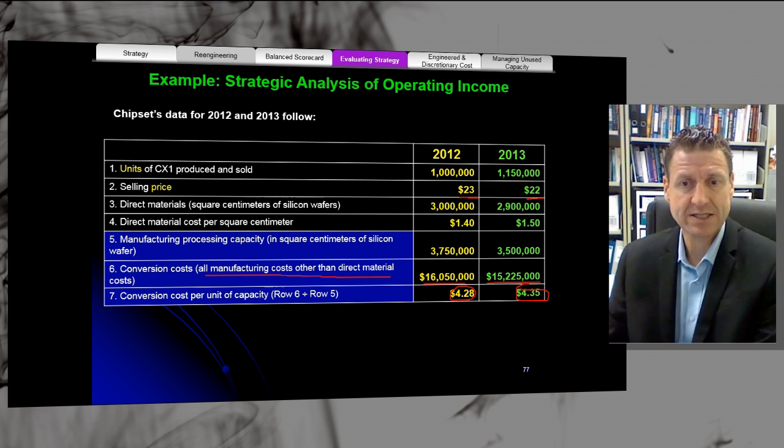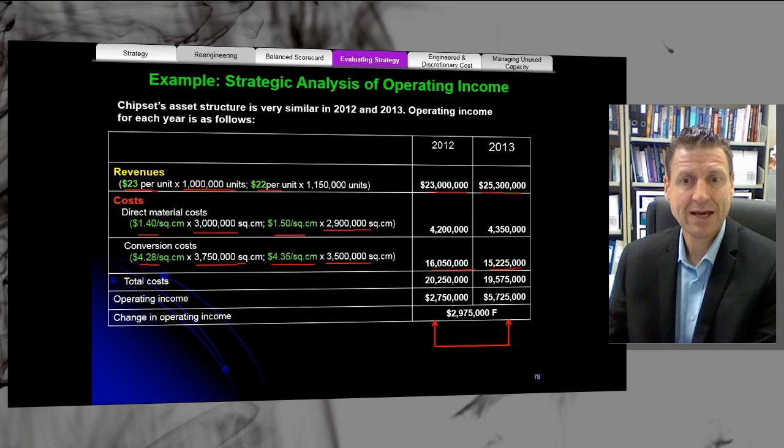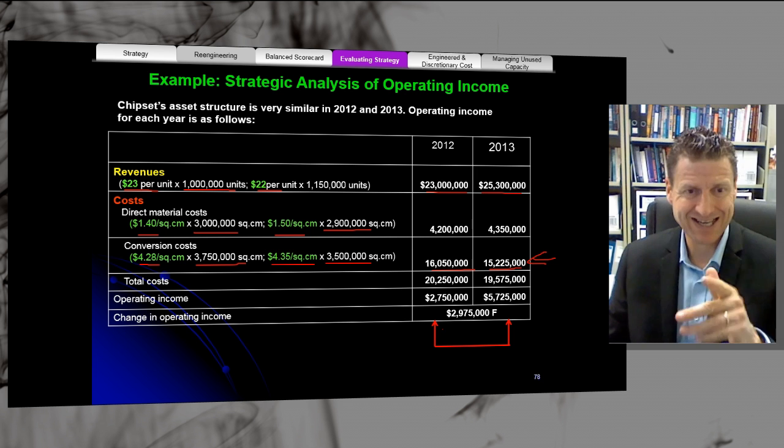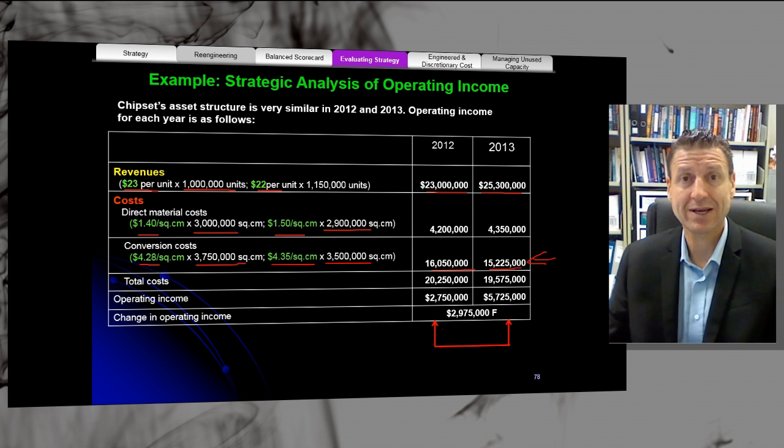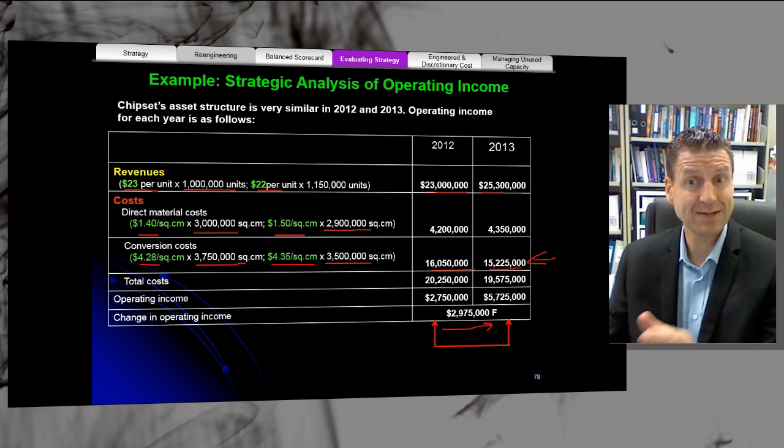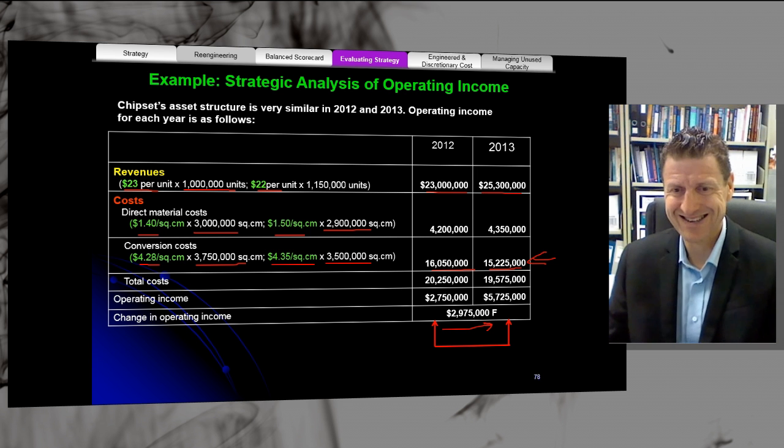There you have the 16 million and the 15 million here. Basically it's the same as what we've got here. Yes, so total cost, operating income, change in operating income. Now is the change in operating income good or bad? Actually, operating income has improved a lot. We're doing very, very well. Thank you very much for 2012 to 2013.